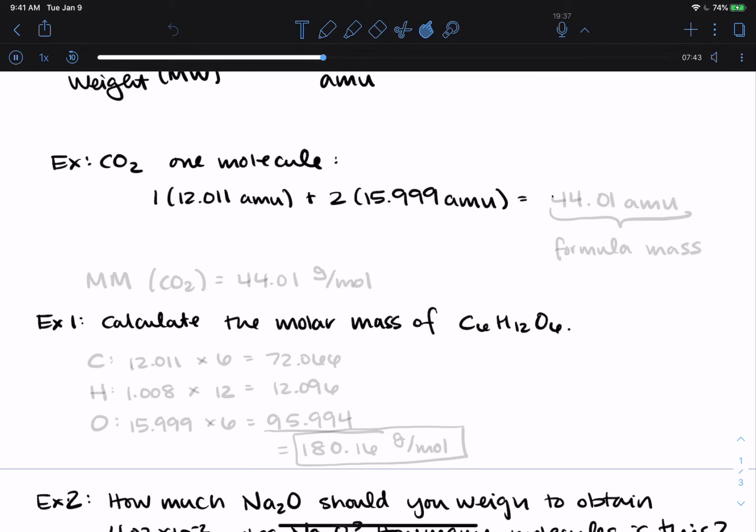And so 1 molecule weighs 44.01 AMU, and this will be referred to as the formula mass.